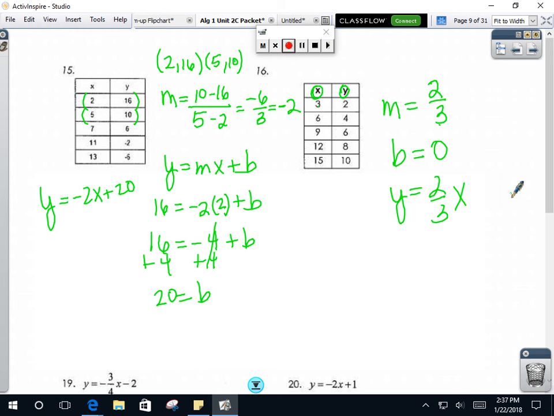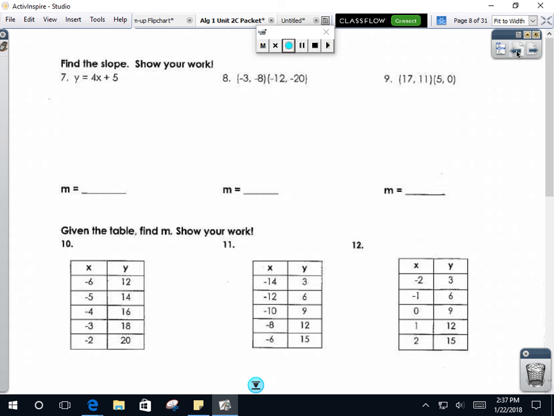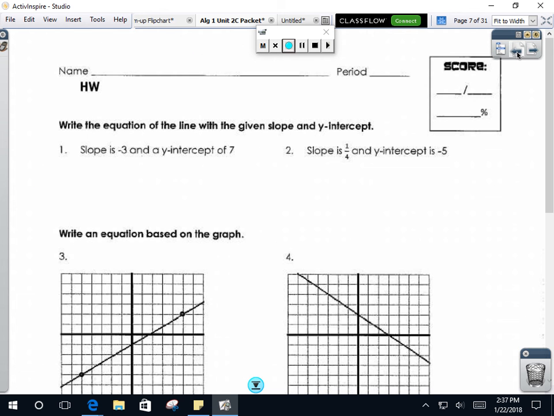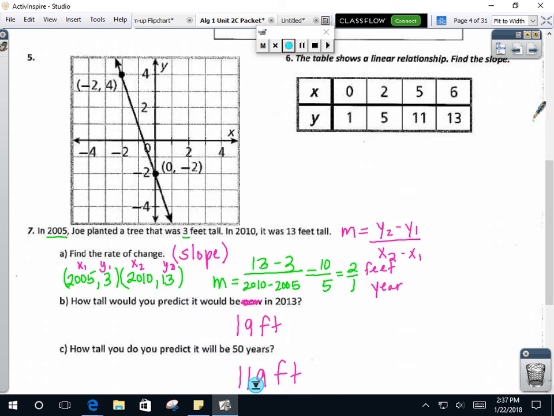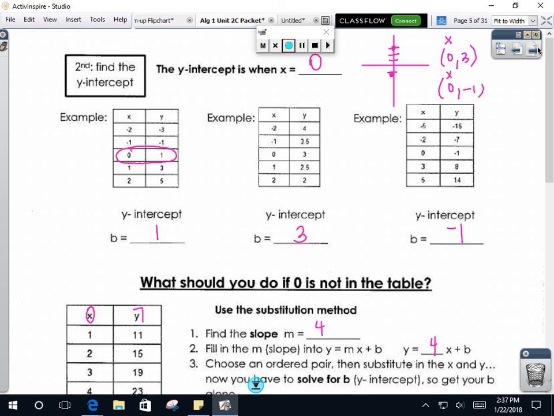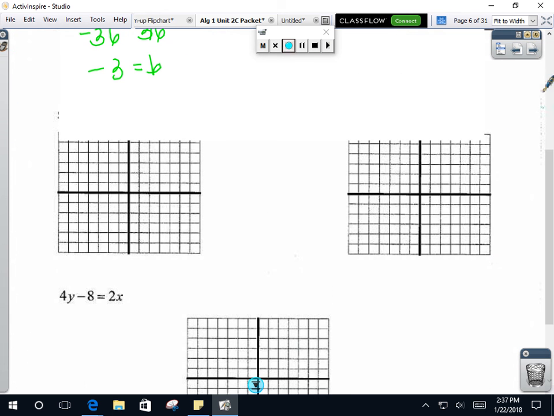Now turn back to page 5. Yeah, we've already done this this year.